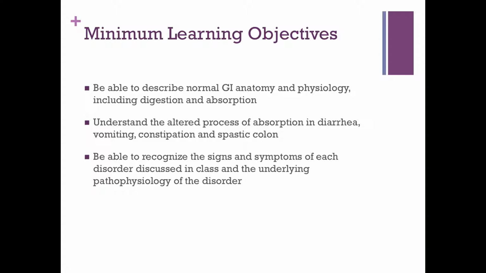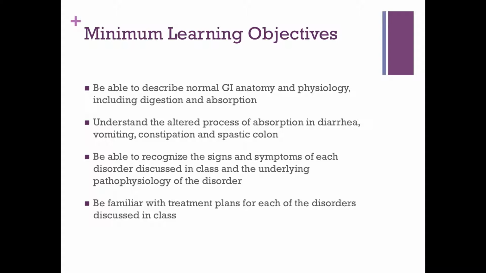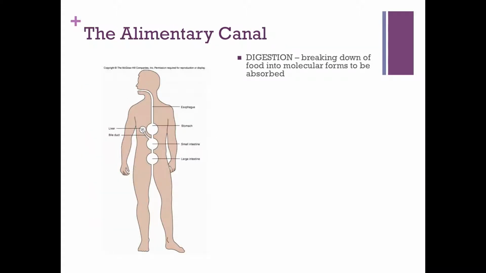So, understanding the normal function is really important, and then picking out special things about signs and symptoms for each pathology. And then we'll talk about some treatment for these things and go over some treatment algorithms as we go through each of these sections.